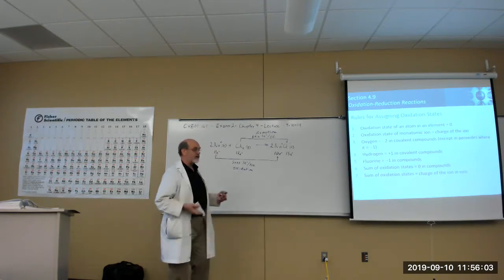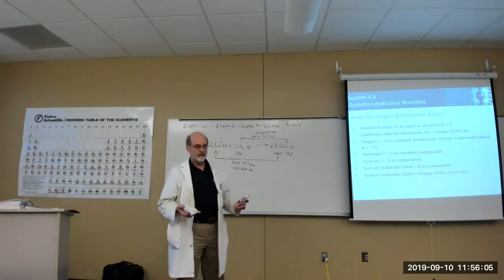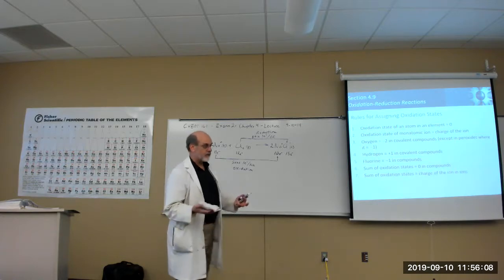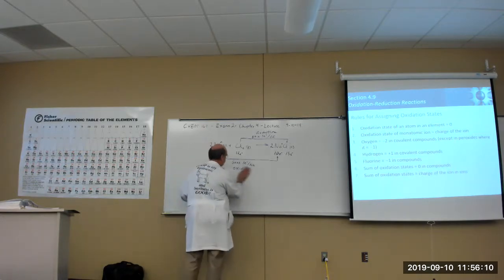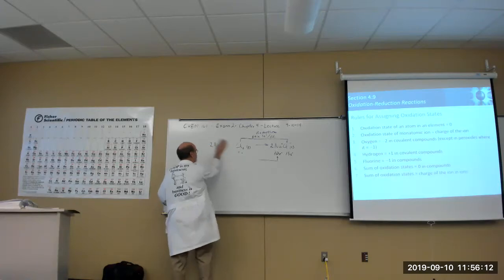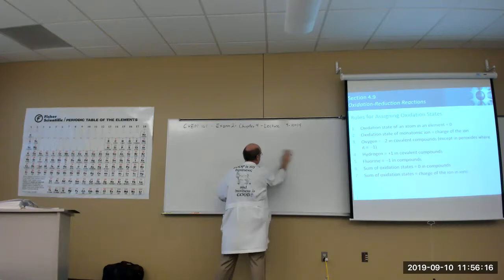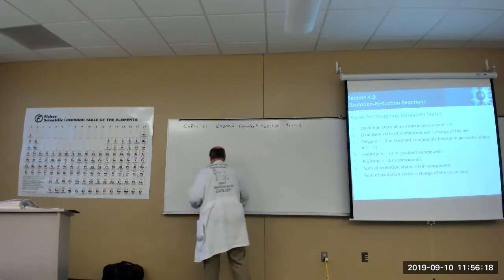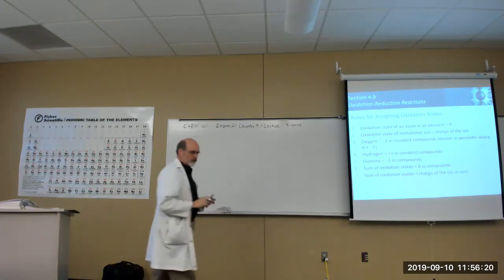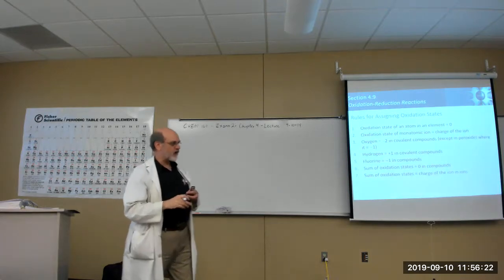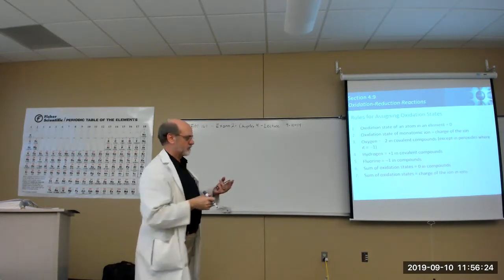It doesn't always mean that there's a charge. Very often it does. But we assign what we call oxidation state to each element in the reaction. And when we do that, then we're able to track where the electrons go.